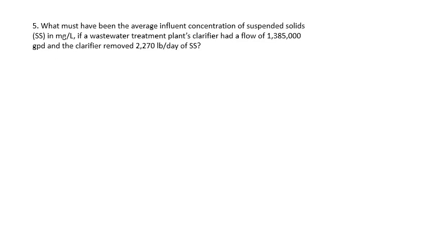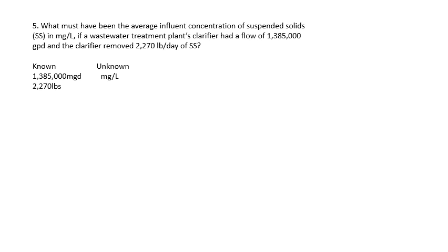What must have been the average influent concentration of suspended solids in milligrams per liter if a wastewater treatment plant's clarifier had a flow of 1,385,000 gallons per day and the clarifier removed 2,270 pounds? As always, I like to pull out the knowns and the unknowns.